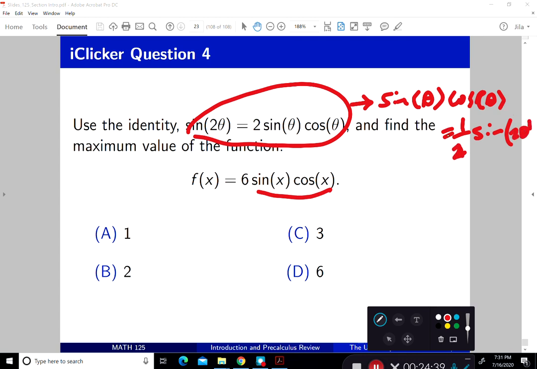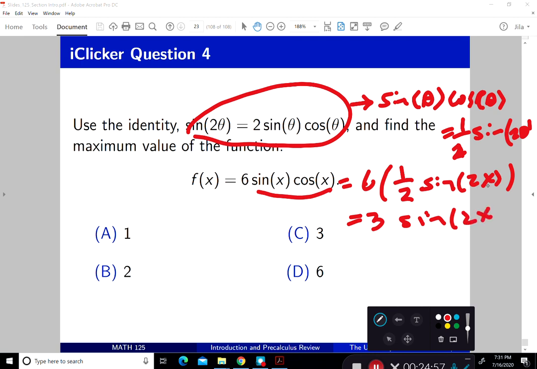And so in here, I also can do the same thing. I can write this function as 6 times 1/2 sine of 2x, and then this is 3 times sine of 2x.